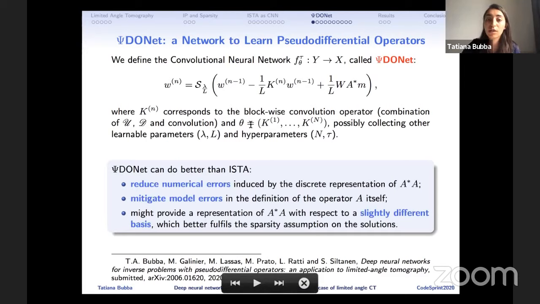But if you don't, and you learn this weight coefficient, you can potentially reduce the numerical errors that you introduce every time you discretize the operator A star A. You mitigate the model errors in the definition of the operator A, okay? And what is even more important, you might provide in the end a representation in the wavelet basis which is slightly different from the basis from which you started, and this might better fulfill the sparsity assumption on the solution.